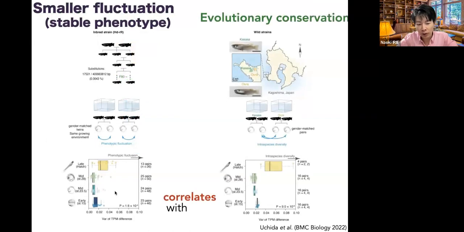And this, of course, correlated with evolutionary conservation. There were closely related lines in medaka fish, and when we made an intraspecies comparison, we found that mid-embryonic stages are conserved, and this nicely correlated with the stability.